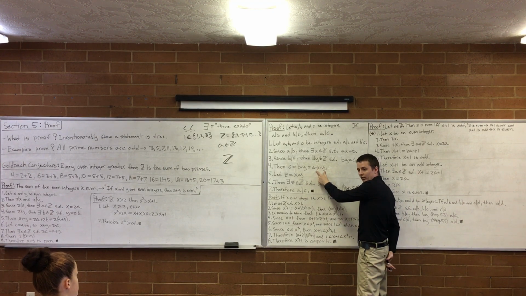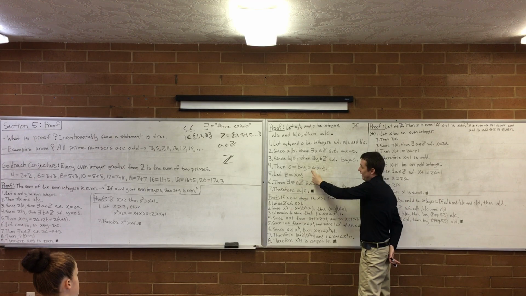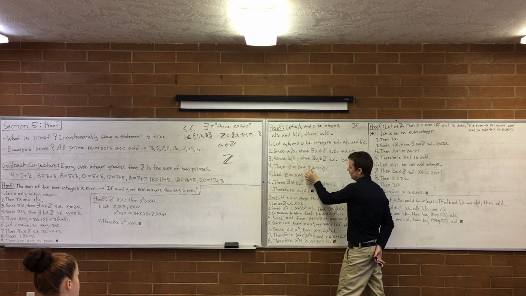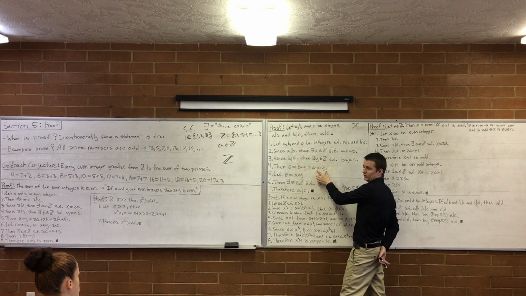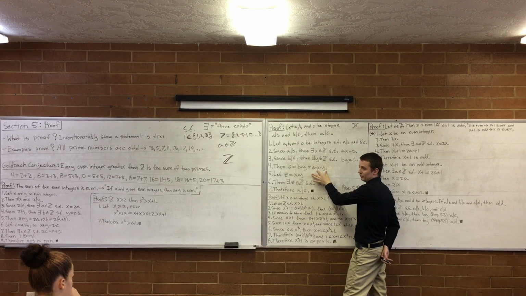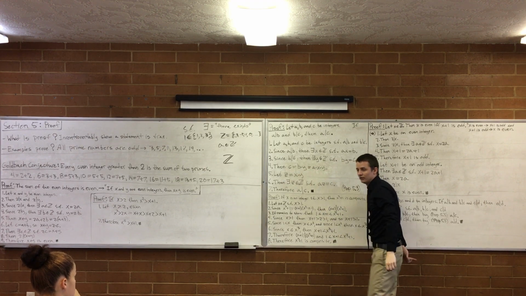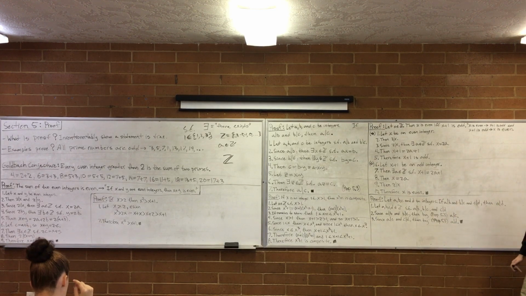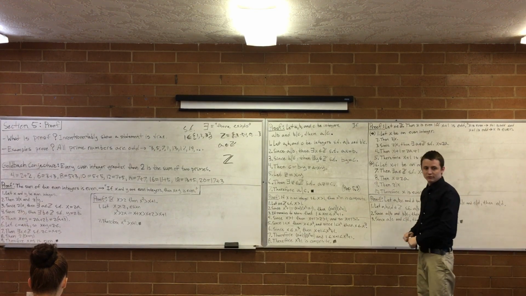That's just an integer itself, the integer xy. So a times the integer xy. Good? So we had c equals a times an integer, which is exactly what we wanted. Therefore, a divides c. If a times an integer equals c, then a divides c. That's what it means for a to divide c.